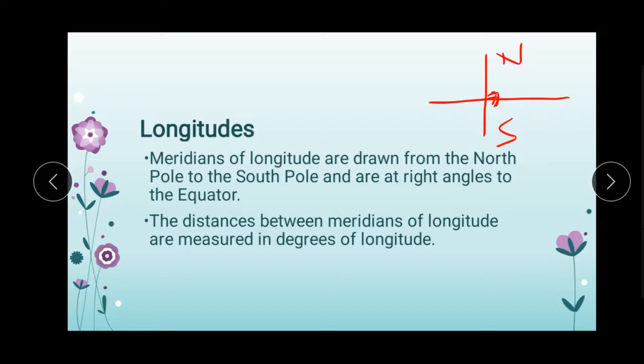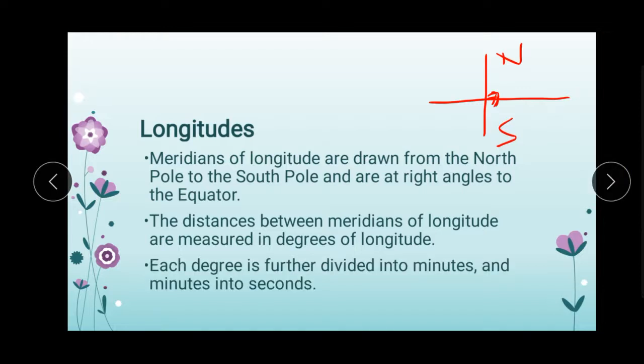Next, the second point: the distance between meridians of longitude is measured in degrees of longitude. Between longitudes there is some space, right? This distance is measured in degrees of longitude. The third point: each degree is further divided into minutes, and minutes into seconds.